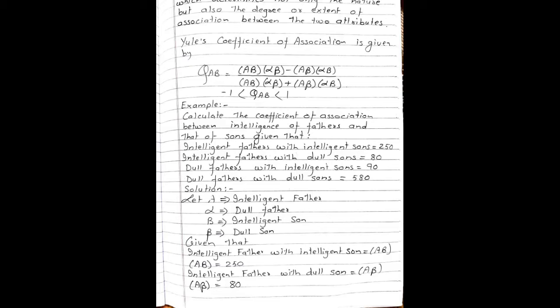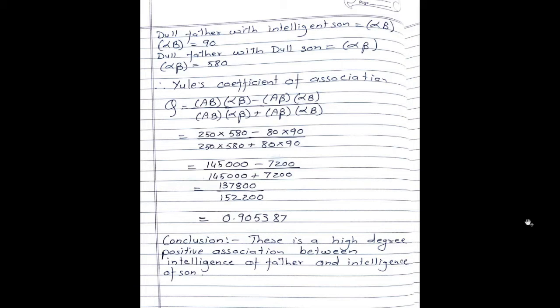Intelligent father with dull son can be denoted by A beta. The value is given as 80. Dull father with intelligent son is denoted by alpha B. The alpha B value is 90. Dull father with dull sons is equal to alpha beta. So alpha beta value is given as 580.